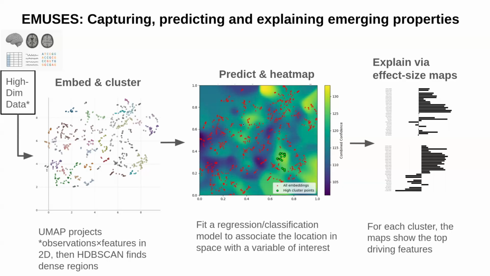We just tell the model to predict the value in a grid in the space, and we get this heat map. And that gives us an idea of where in the space we have higher or lower values, depending on if we are interested in a deficit or high performance.